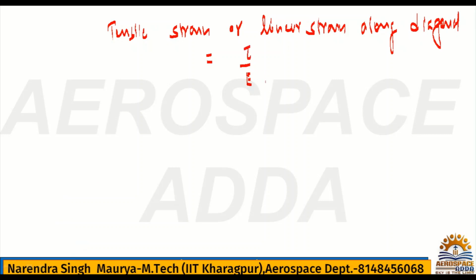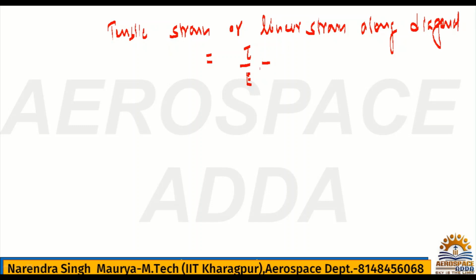Okay, tau by E. Because it's a 2D diagram, two stresses will be acting on the diagonal DB. So one is linear, another is transverse, lateral strain.